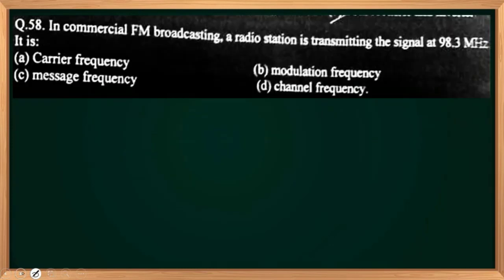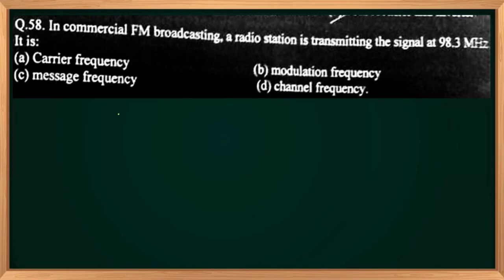Next question. In commercial FM broadcasting, a radio station is transmitting a signal at 98.3 megahertz. Option A, carrier frequency; option B, modulation frequency; option C, message frequency; option D, channel frequency.